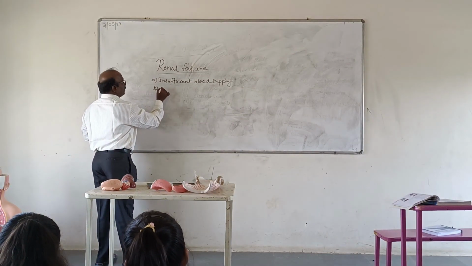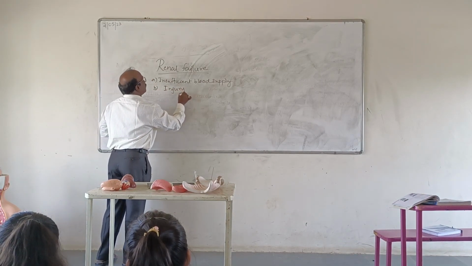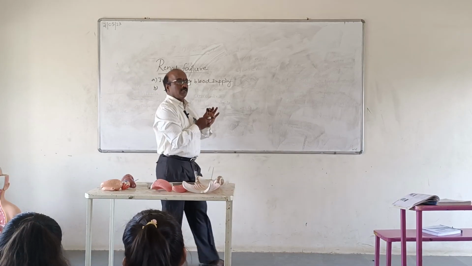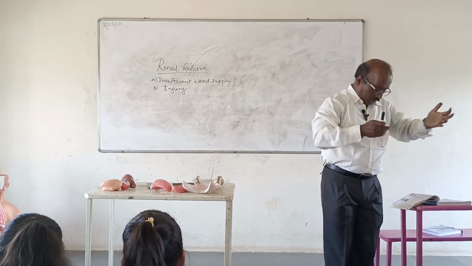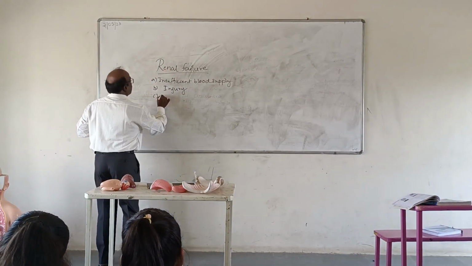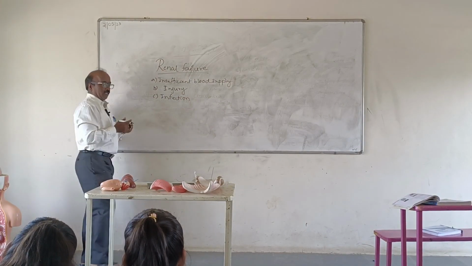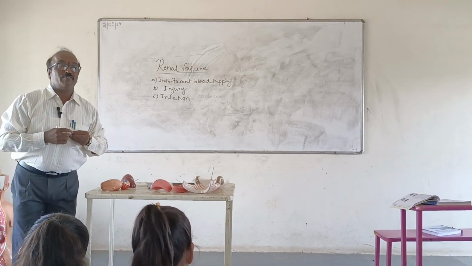The second is injury to the kidney, due to some accident or somebody hitting or stabbing. The third one is infection of the kidney. So because of these three reasons the kidney fails.